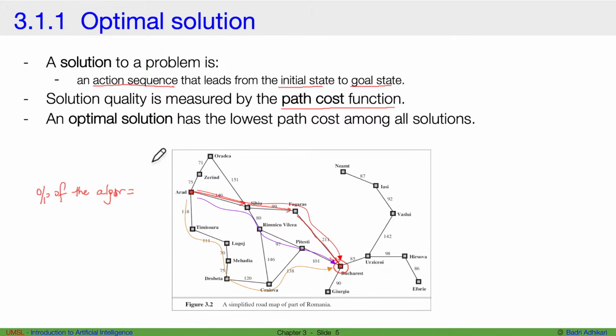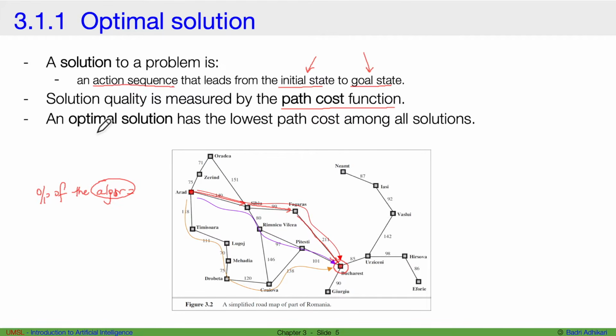Now, let's say an algorithm takes this problem as input and gives you a solution, right? It gives you a path or an action sequence that takes you from the initial state to the goal state. Once again, we are not looking for just any solution, because there may be hundreds of thousands of solutions depending on the problem, and some solutions may be terrible.